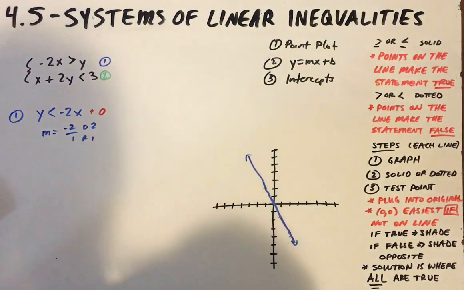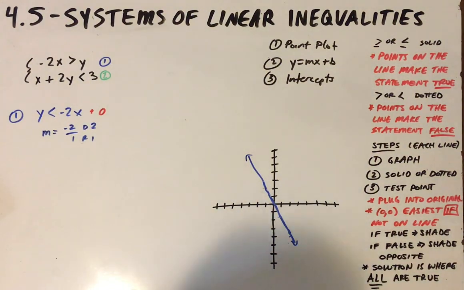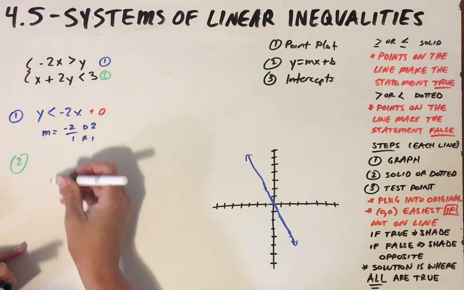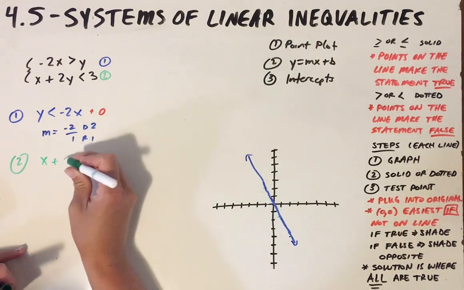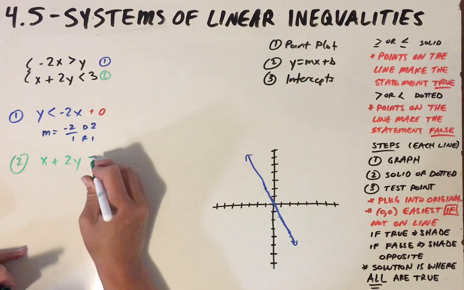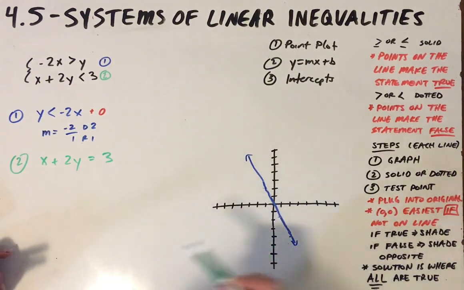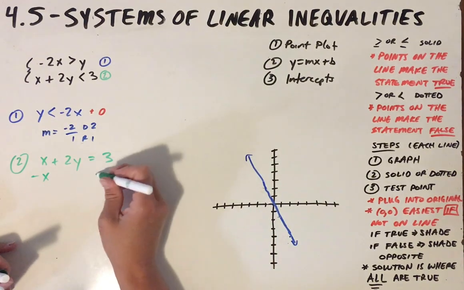My second line is not in slope-intercept form, so I am going to put it in slope-intercept form. So line 2, I want to graph it using slope-intercept form. Right now it says this, and I'm going to just change this to an equal to. I know it's not equal to, but where the line is doesn't change. So I'm going to subtract x.